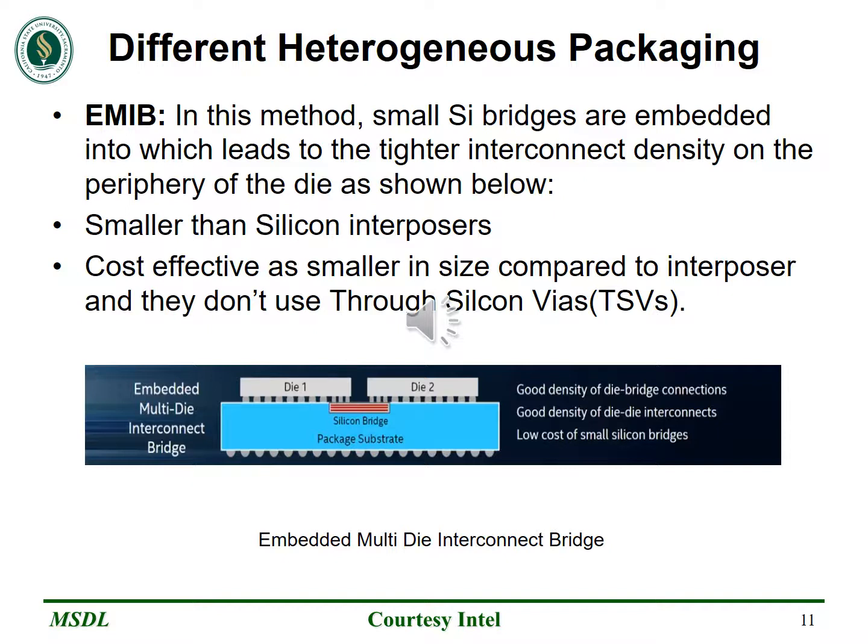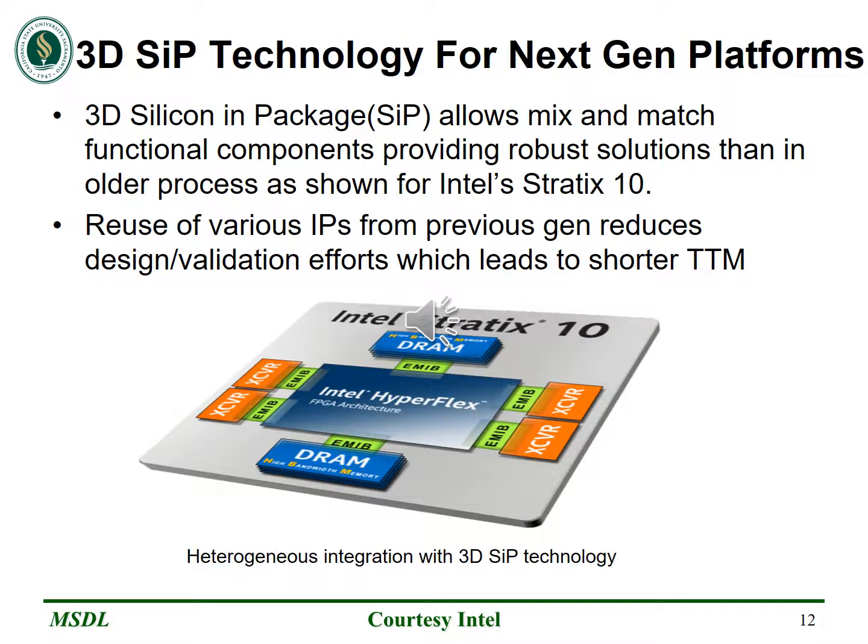And coming to the advantages, it has good density of die-bridge connections and die-to-die interconnects. And it doesn't have silicon vias unlike silicon interposer. So we can say it's more cost effective than the silicon interposer. Looking into 3D SiP technology for next generation platforms, this uses embedded multi-die interconnect bridge.